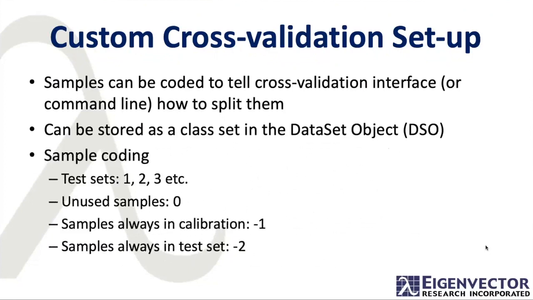And the trick in doing this is to code them where your test sets are coded as 1, 2, 3, whether the first split, the second split, the third split, etc. Unused samples are coded as zeros. Samples that are always in a calibration set are coded as -1s, and samples that are always in a test set are coded as -2s.